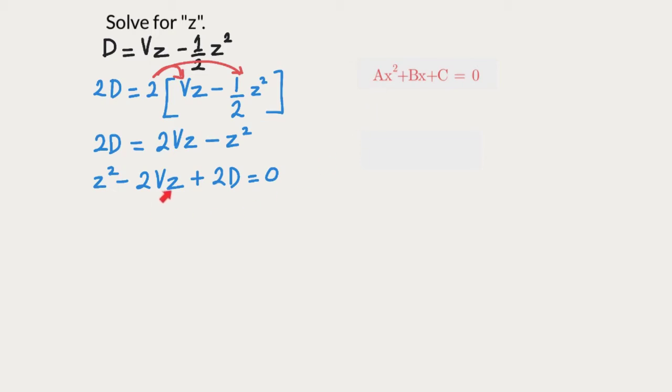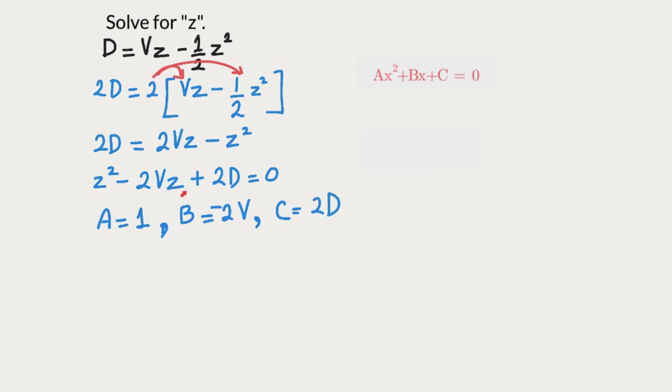Here with z, the coefficient is negative 2v, so the value of b would be negative 2v. Plus the constant is 2d, so the value of c will be 2d. Let us write this down. a equals 1, b equals negative 2v, and c equals 2d.